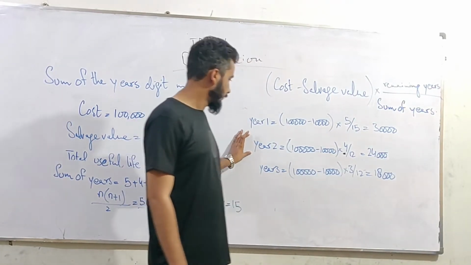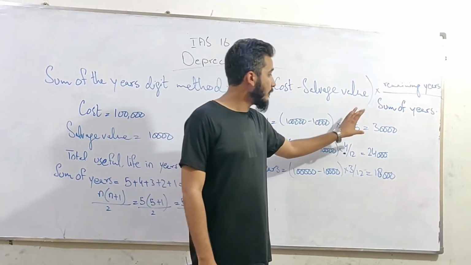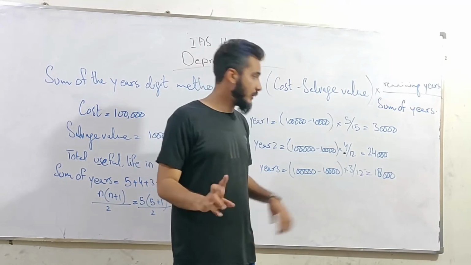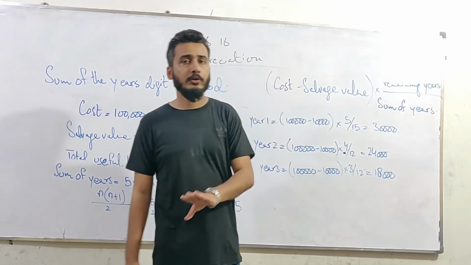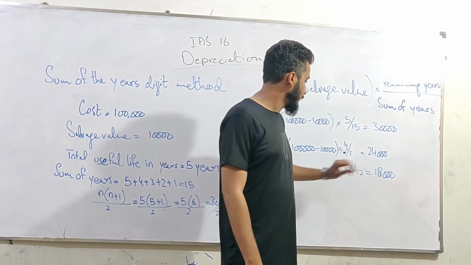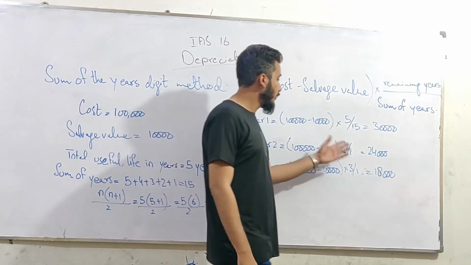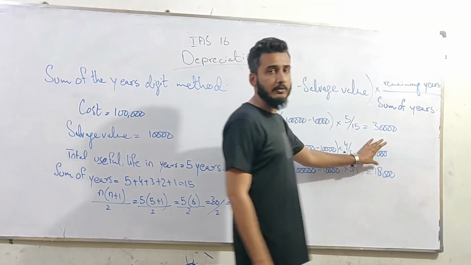Now year 2: 100,000 minus 10,000, and the machinery has been depreciated for 1 year and is left for 4 years. So multiply by 4 and divide by 15. So we will have 24,000.